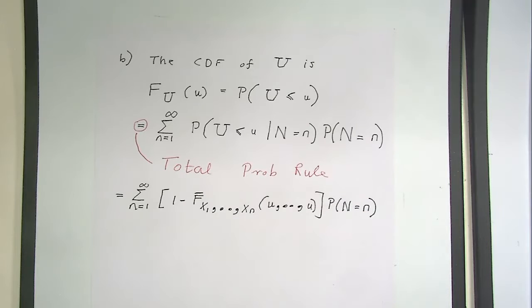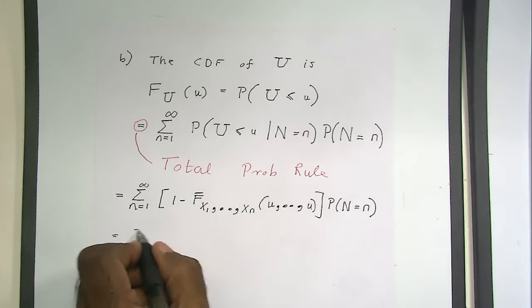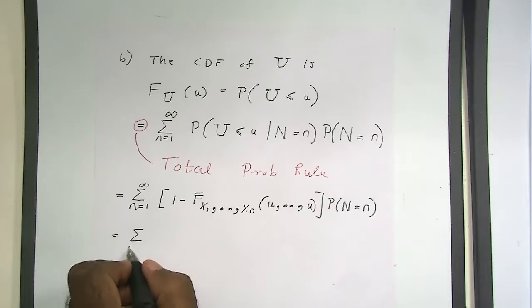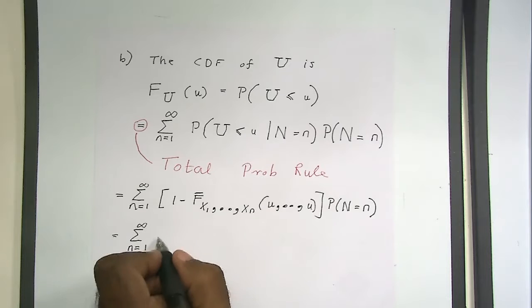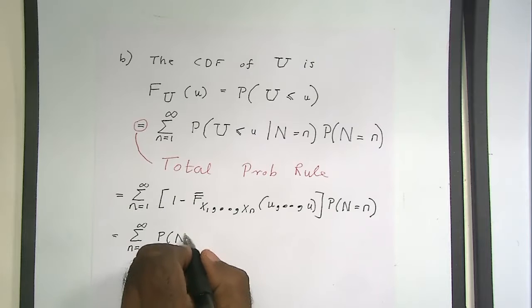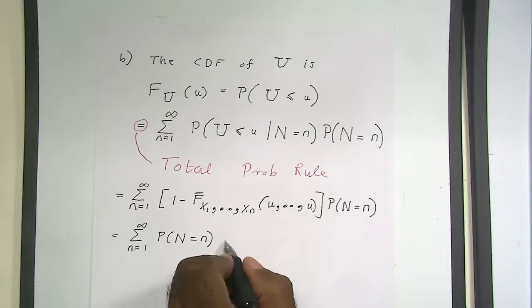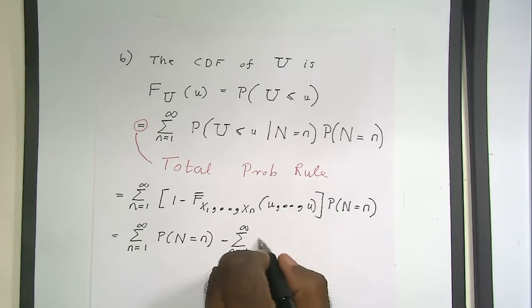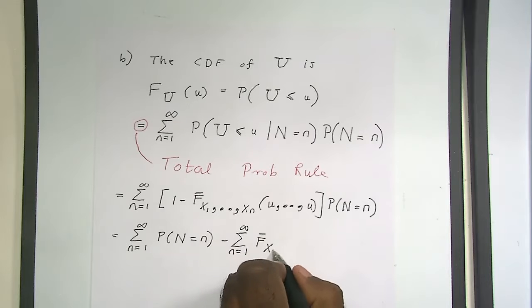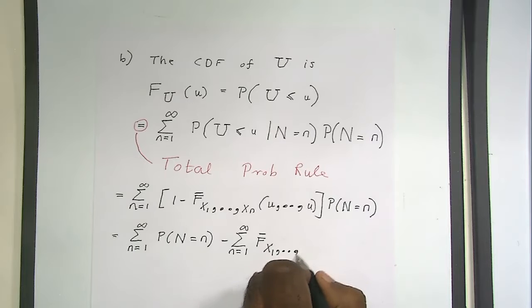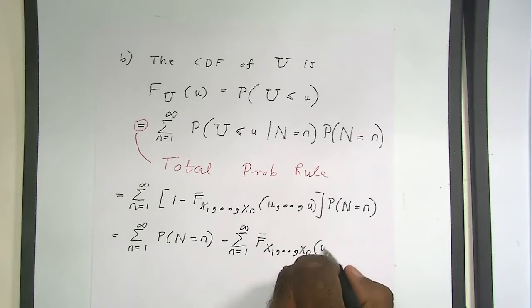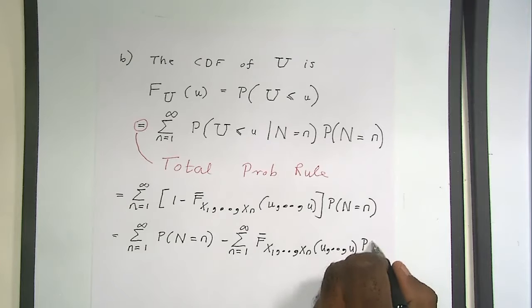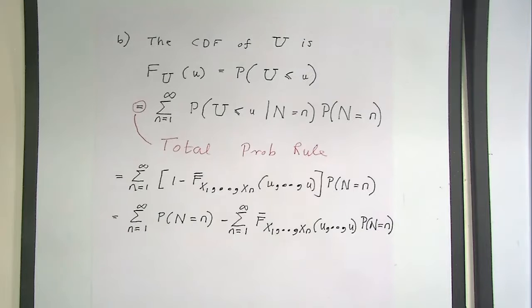okay. Now there are two terms here. The first term is the sum from 1 to infinity of the probability that N is equal to n, and the second term is the sum from 1 to infinity of. Okay. Now what is this term here, guys?